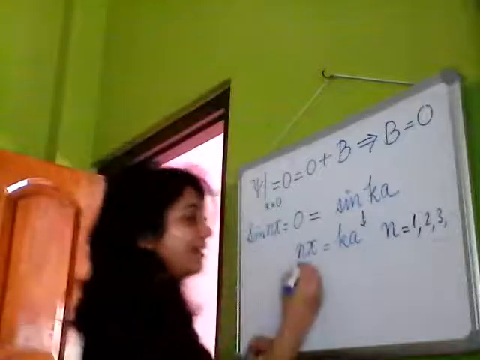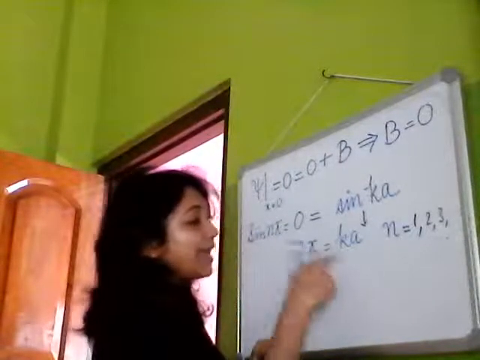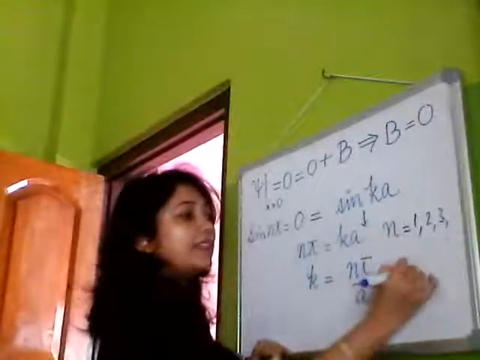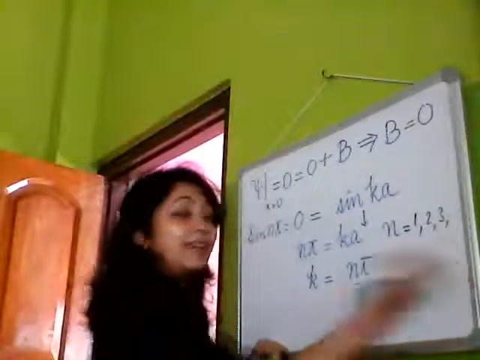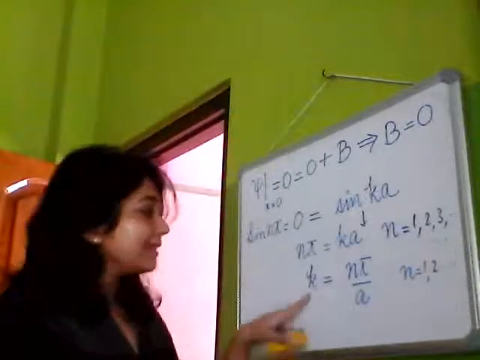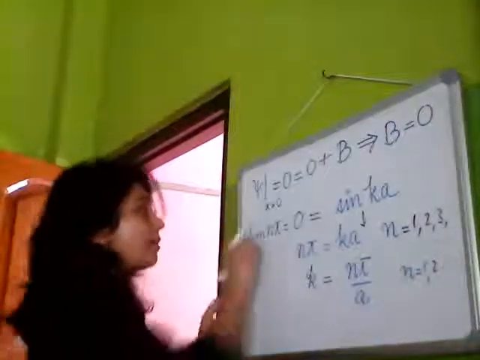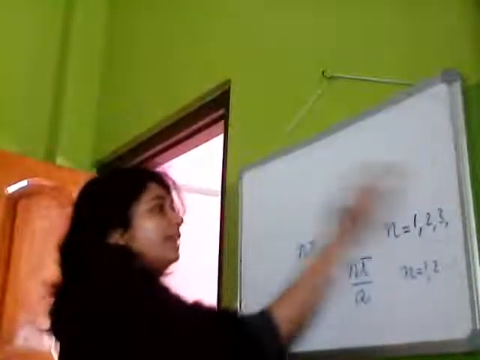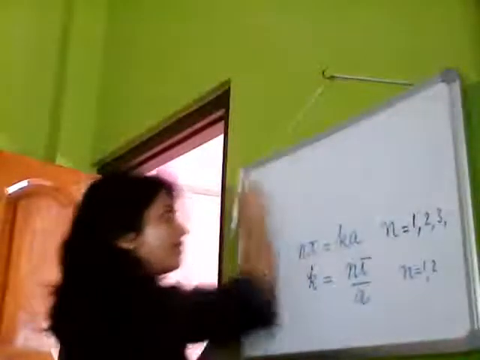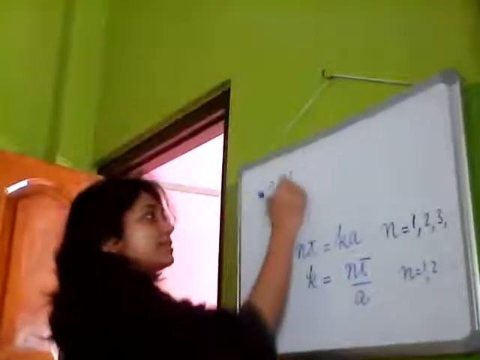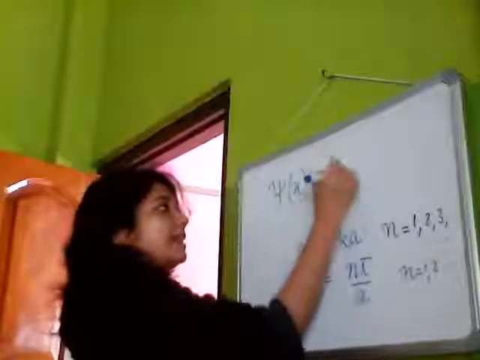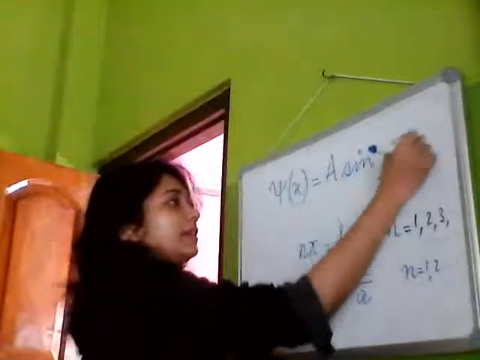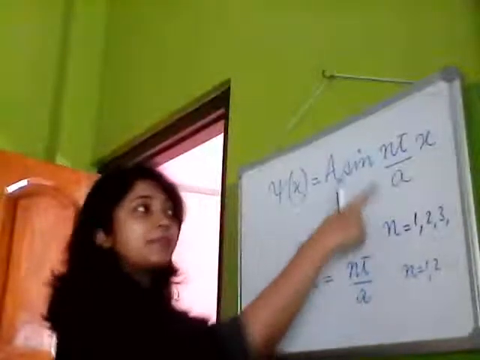So from here, I can write the value k is equal to n pi by a, where n is equal to 1, 2 and so on. So taking this value of k and putting into our wave function that we were solving for, what can we write? What is the solution of our wave function? Psi of x is A sine n pi by a into x, kx, and k is n pi by a.